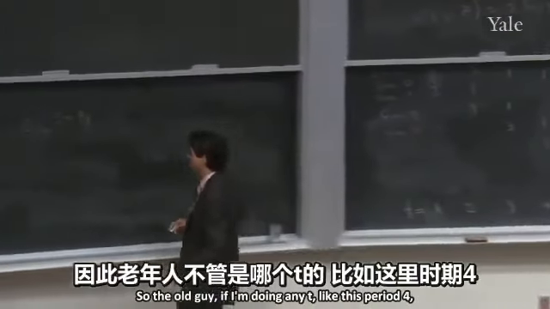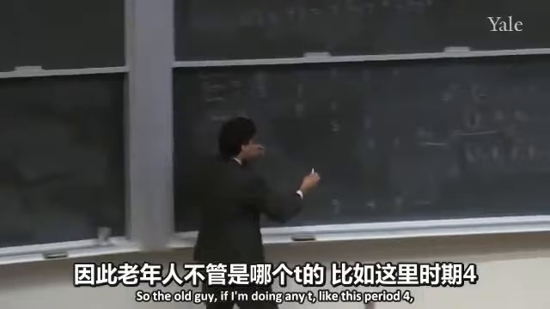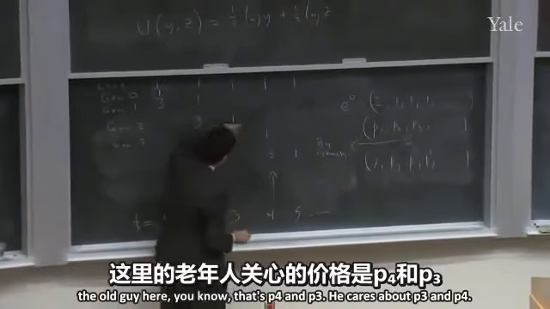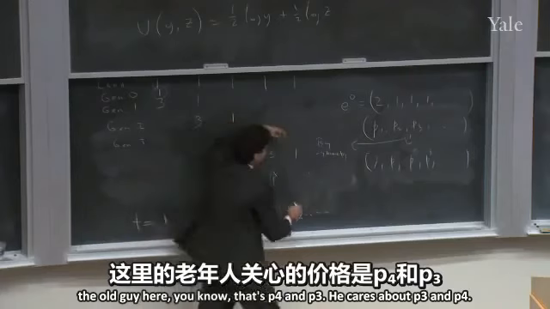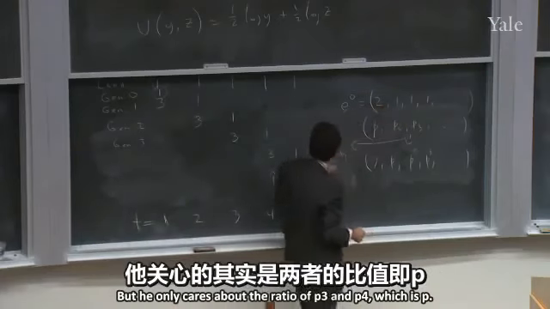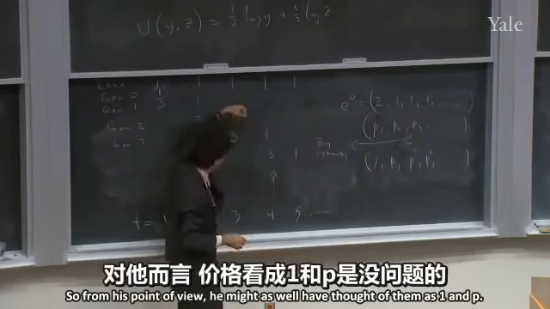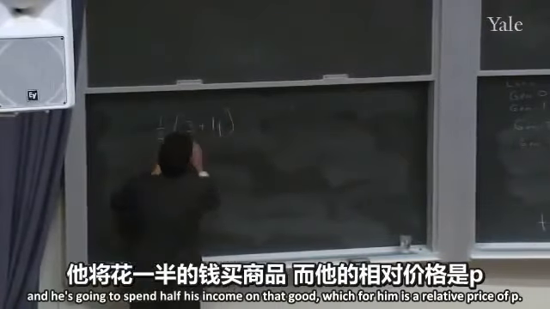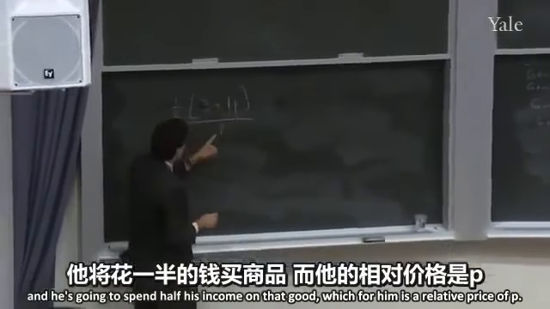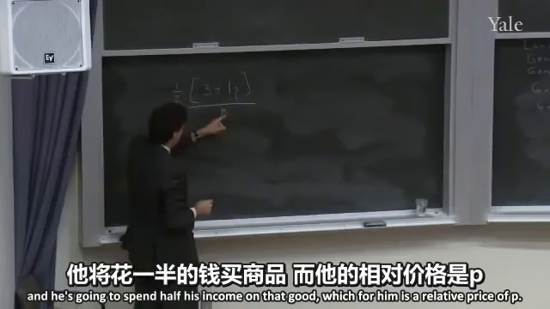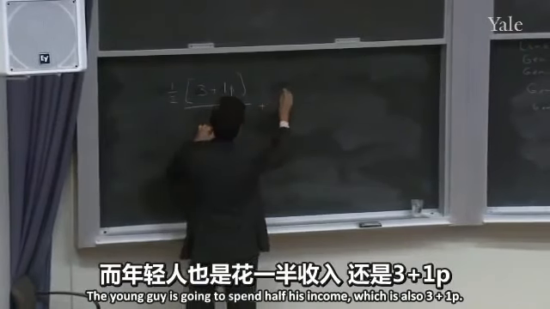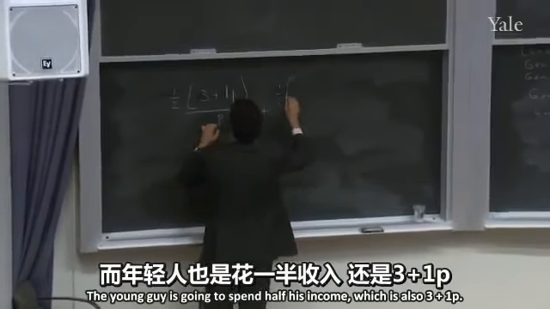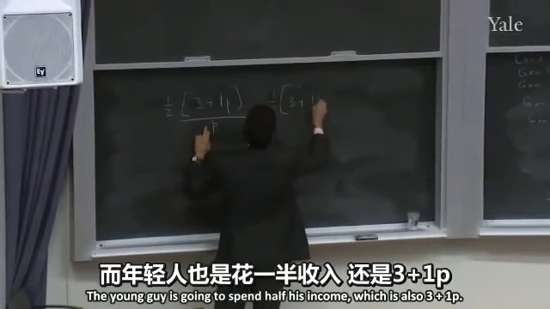So the old guy, if I'm doing any T, like this period 4, the old guy here, that's P4 and P3. He cares about P3 and P4, but he only cares about the ratio of P3 and P4, which is P. So from his point of view, he might as well have thought of them as 1 and P. So his income is 3 plus 1P, and he's going to spend half his income on that good, which for him is a relative price of P. The young guy is going to spend half his income, which is also 3 plus 1P.